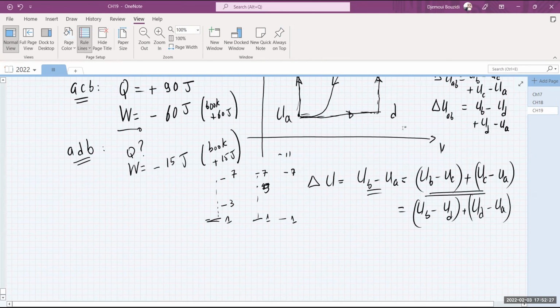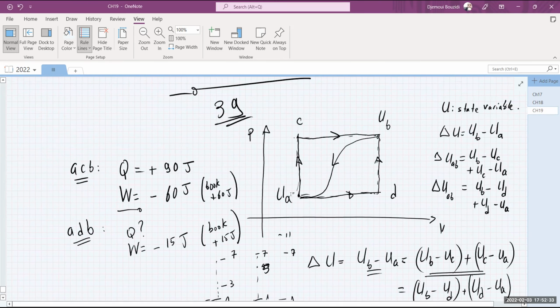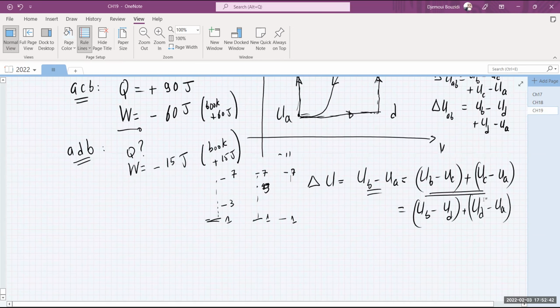So this is pure algebra, and it works only because it's a state variable. For heat, it's not. You cannot tell me that the heat from here to here is always the heat from any other path. The heat is not a state variable. Work is not a state variable. This algebra works only because U is a state variable, and it works for any state variable. This is also the gravitational potential energy, because it's also a state variable, and so is the electrical potential energy.